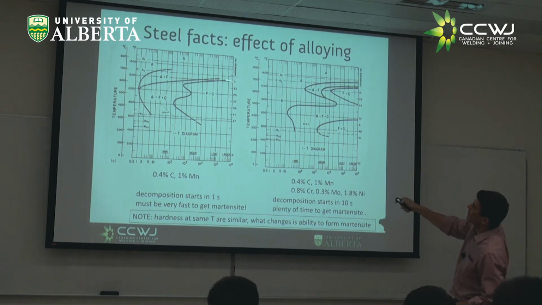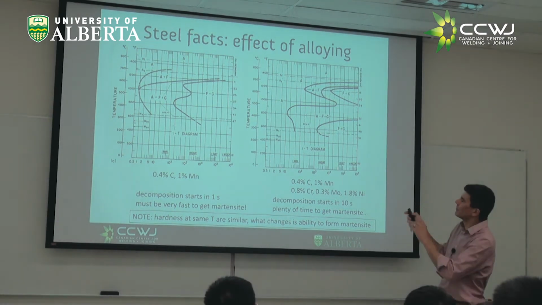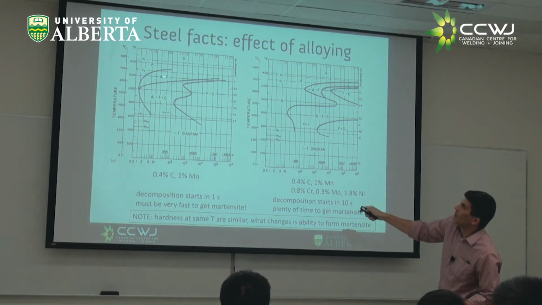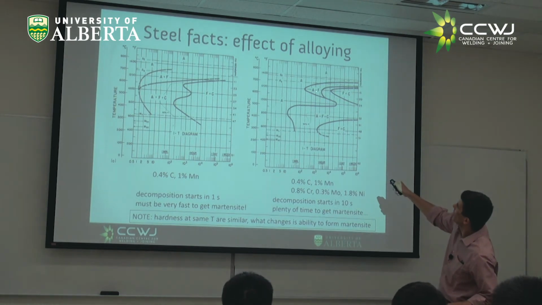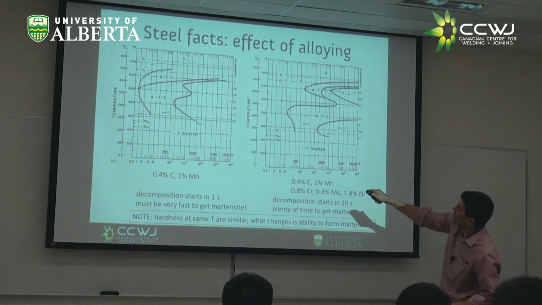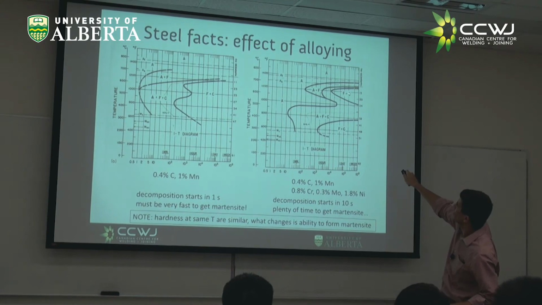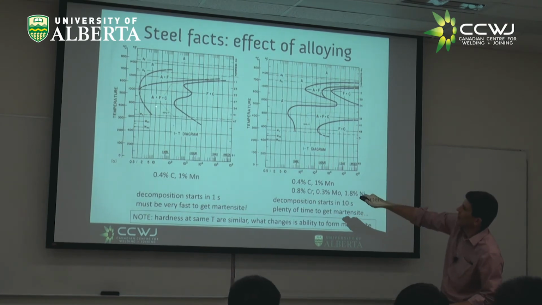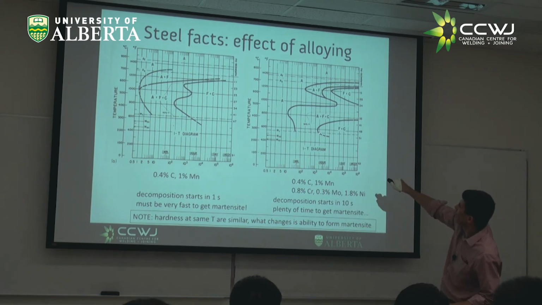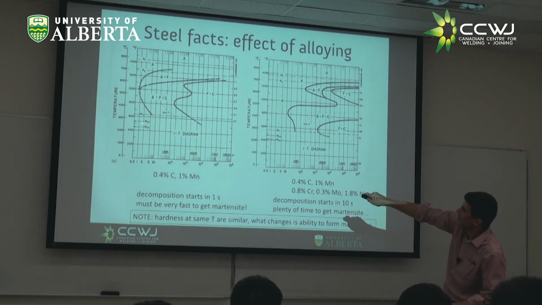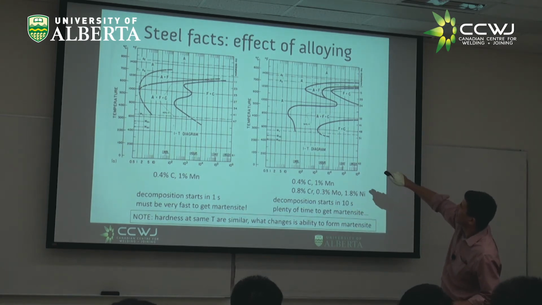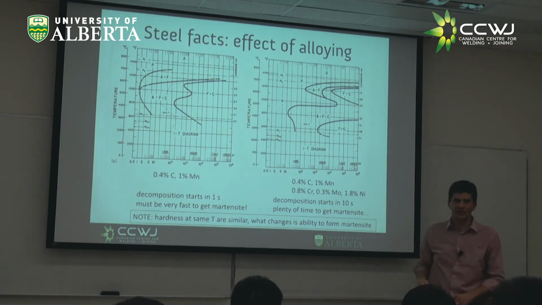And the diagrams, look at the similarities. They look different, but look, primary ferrite here, primary ferrite here. A nose for the pearlitic transformation, a nose for the pearlitic transformation. A nose for the bainitic transformation, a nose for the bainitic transformation. The Ms, M50, M90 here. Look at the hardness. They are not that different, the hardnesses of these steels.